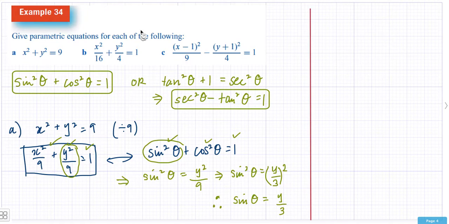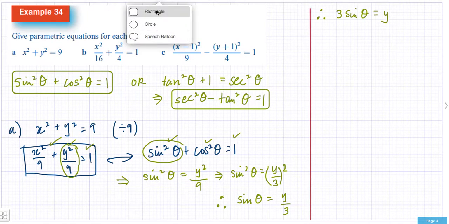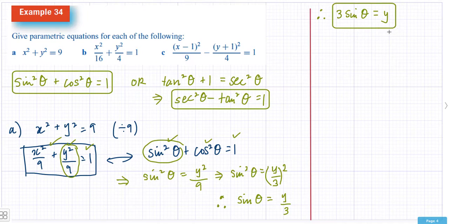So I'll just move this a little bit over. I might do this at the top. Therefore, we've got 3 sine theta equals y. That is actually the first part of our parametric equation. The second part is the other part that we added. It's this cos squared theta.